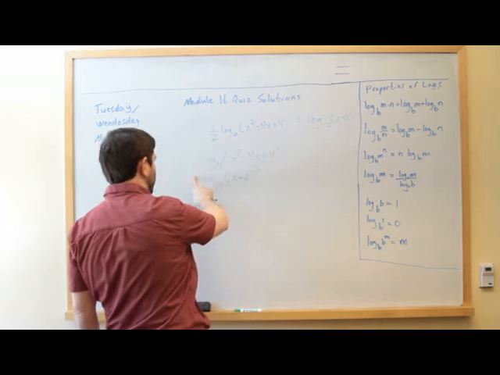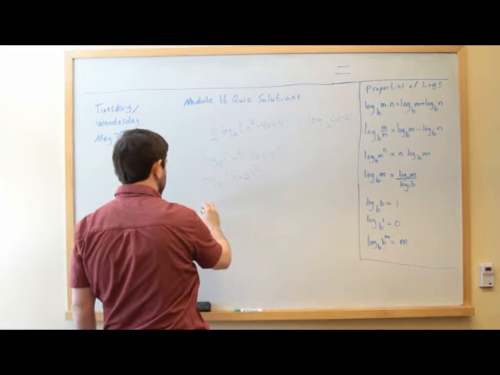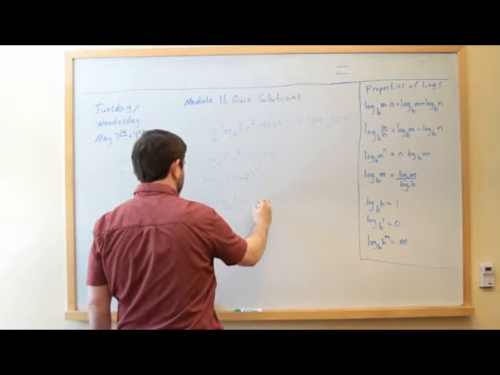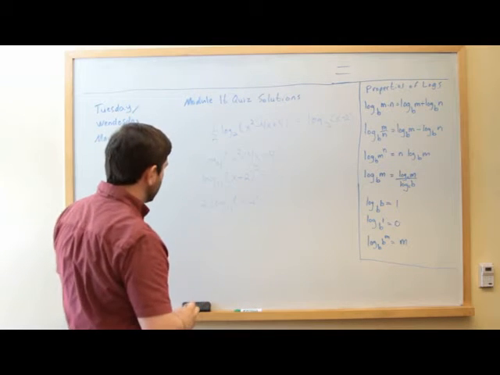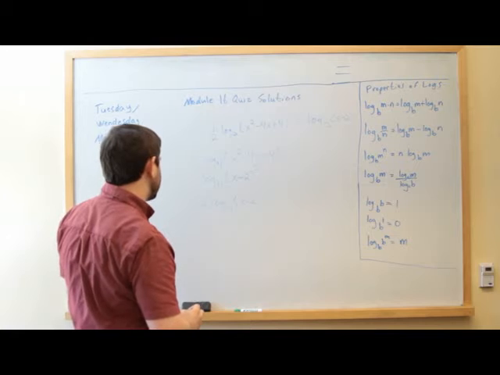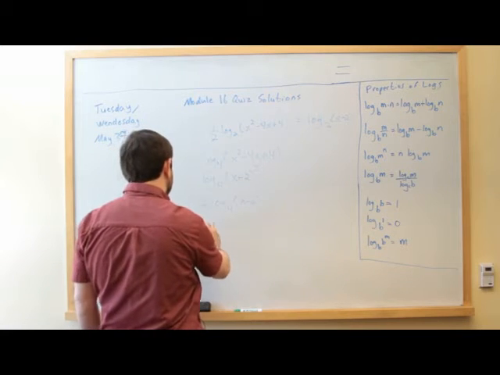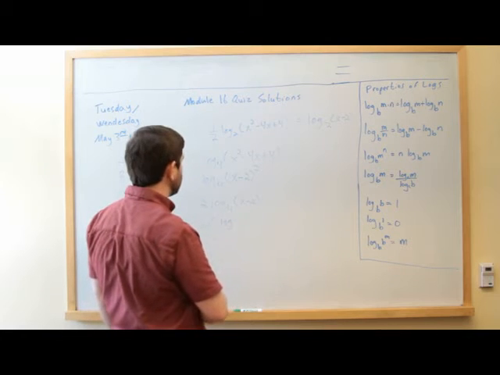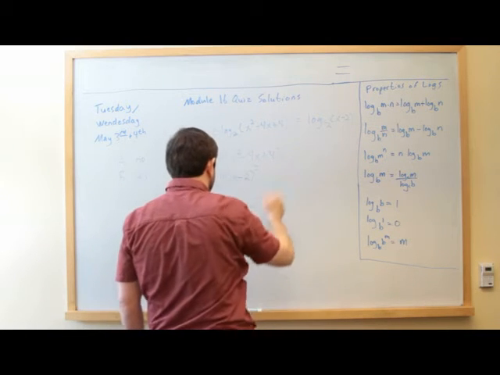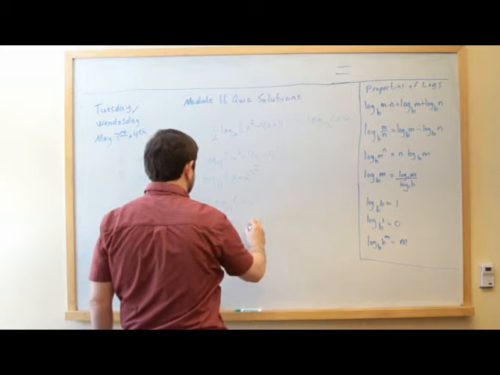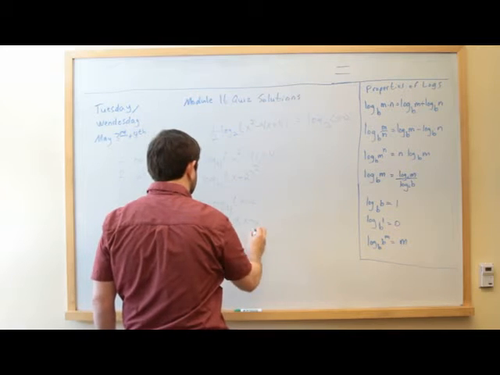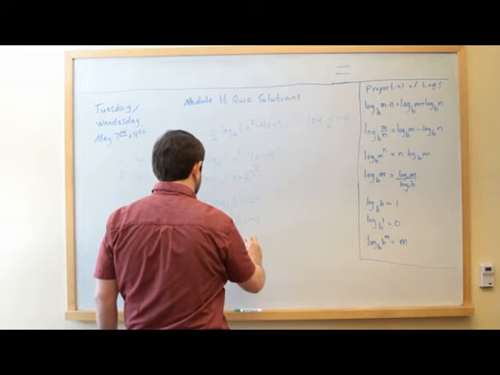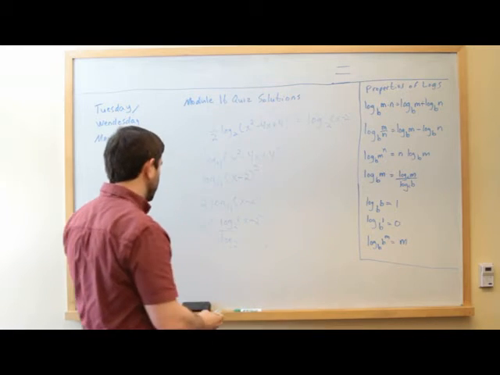Let's move the 2 out front, so we're going to get 2 log base 4 of x minus 2. And let's do our change of base rule, see what we get. 2 times, we want to have a log base 2, because that's what this is in. Log base 2 of x minus 2 divided by log base 2 of 4.